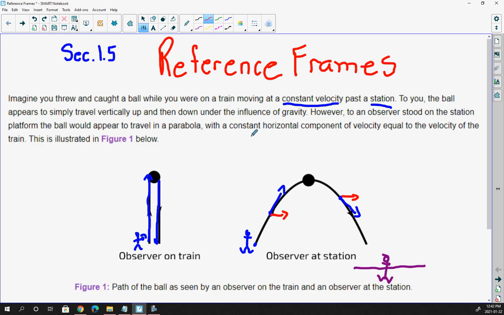So, it says here, to an observer standing on the station platform, the ball would appear to travel in a parabola, with a constant horizontal component of the velocity equal to the velocity of the train.